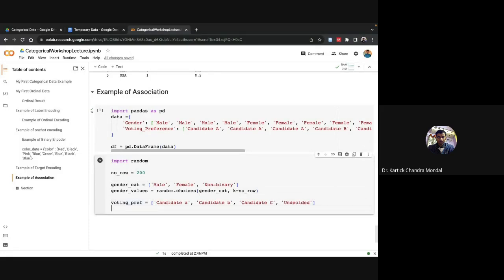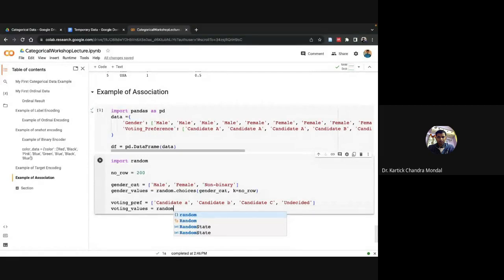So I have to generate voting values. Voting values equals, you can use the same function, or there are many other random functions available that you can use.